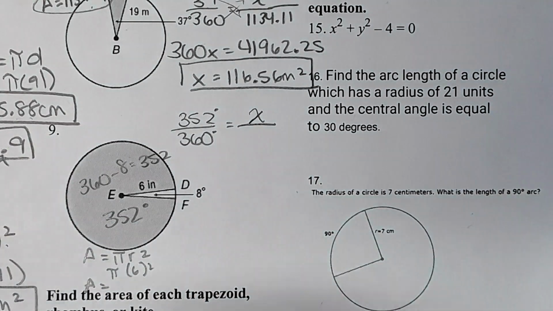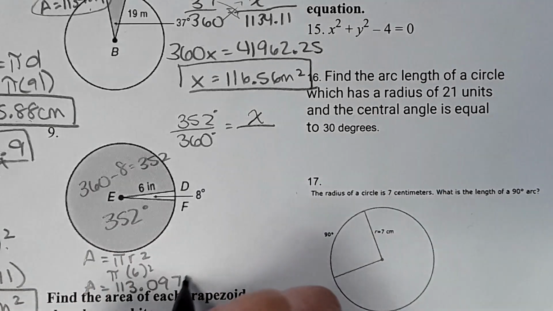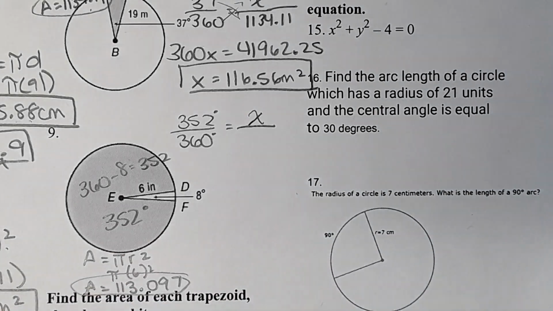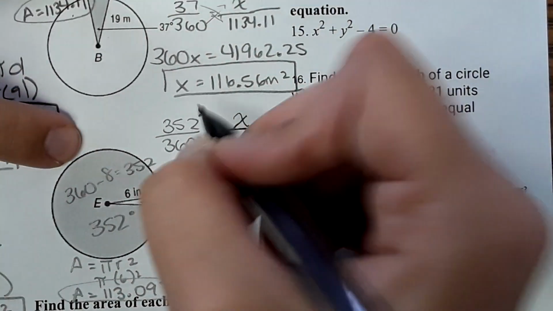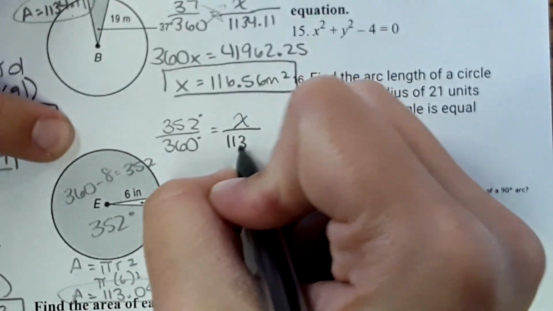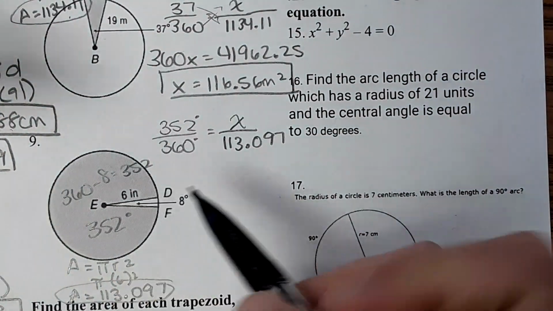So it comes out to 113.097. That's the area of the whole circle. We set up this proportion, we're going to put the area of the whole circle on the bottom here, and then use cross multiplication to solve for just the shaded part.